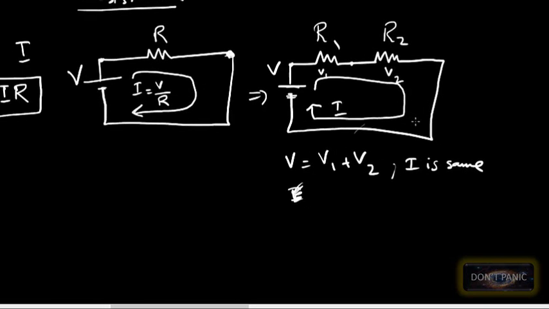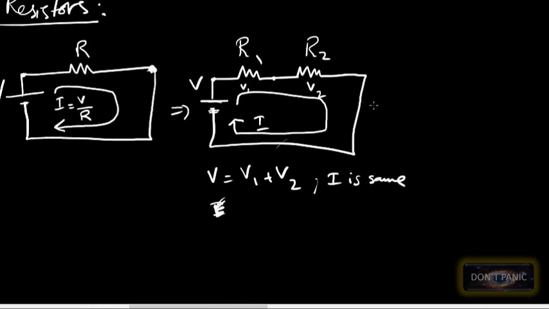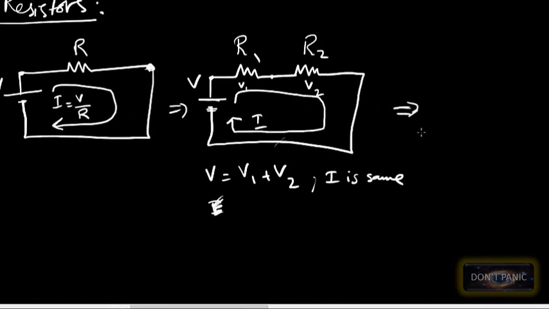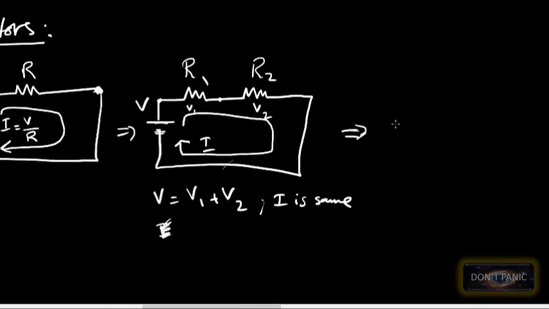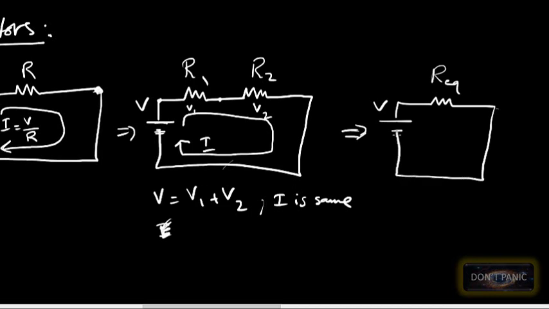Okay, so then we can get the circuit in another equivalent form. Okay, very similar to what we had done with the capacitors. So where this is some equivalent R, and then this is your simplified circuit.